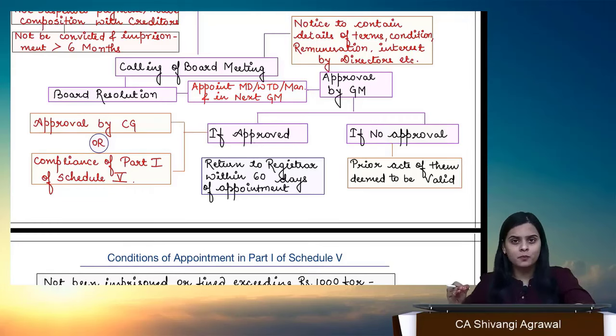Whatever appointments you're making, rather whatever forms you're filing, be it MR1 or MR2, it has to accompany the mandatory attachments. In MR2, you also have to furnish the copy of board resolution plus the copy of OR or SR. You will tell the government that our board has approved, our members have approved the appointment, and now it's your turn because he is not complying with the conditions of part 1 of schedule 5.